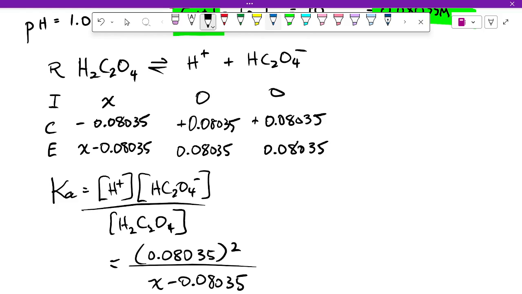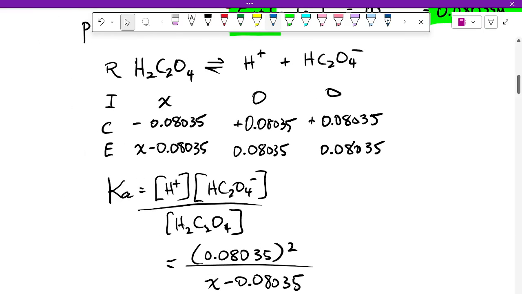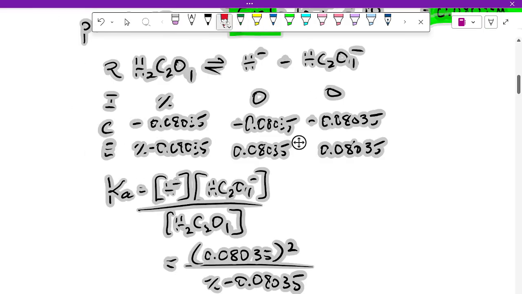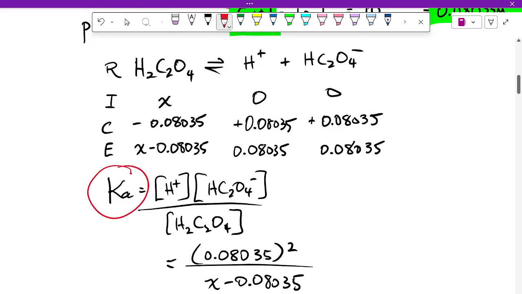What would we find on our pink sheet? We would find Ka on our pink sheet. Go find it. 5.9 times 10 to the negative 2. All right.